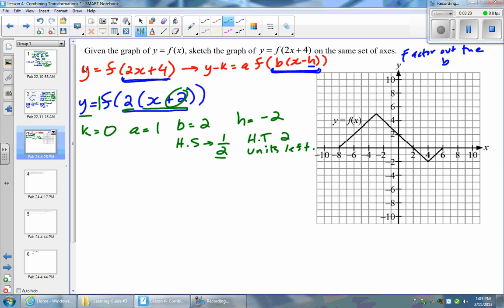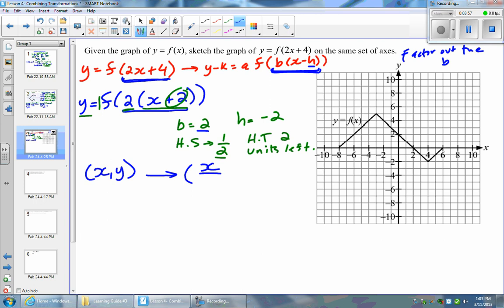All right, so there are all my transformations. What's actually happening here is we have a horizontal stretch by a factor of 1/2, and we have a horizontal translation 2 units left. So enough of that. Let's go ahead and perform our transformations here. We have a point (x, y) on the original graph. When we apply our transformations, you're going to take your x coordinates and divide by whatever your b value is.